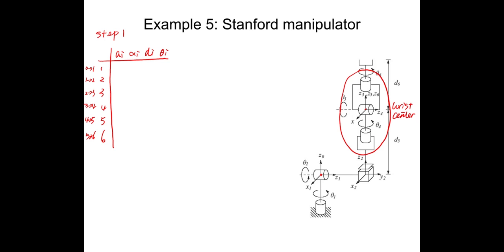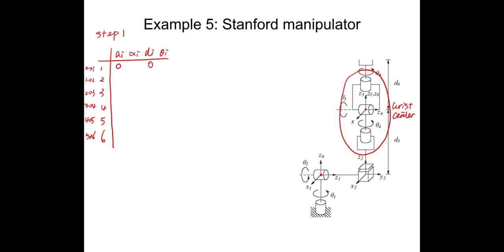If that is the case, then these two frames need to have the same origin, the same location, because each of the Z axes corresponds to one servo, one rotation. So these two servos are together, which means we have the two frames at the same location, and then we can start to find these 4 parameters. Because they have the same origin, a_i equals 0 and d_i equals 0.